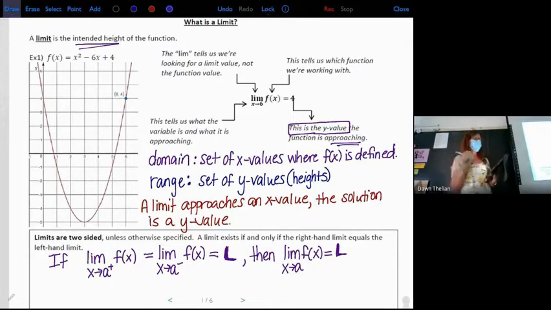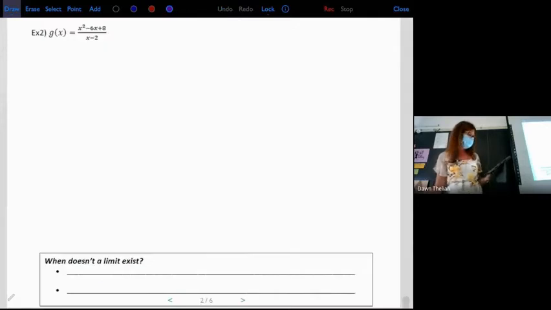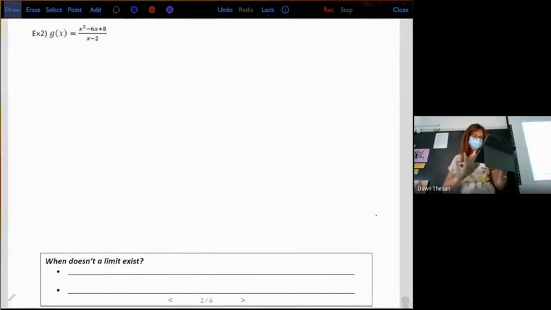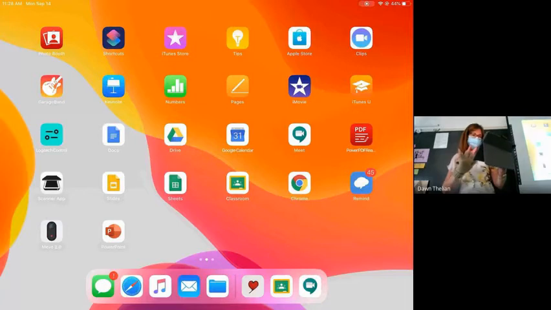So the second example I have here is g of x equals x squared minus 6x plus 8, all over x minus 2. Now, I know not everybody has their calculator today, but I'm going to plug this into my calculator for you. Maybe I can even just do this in Desmos, and that'll be faster.